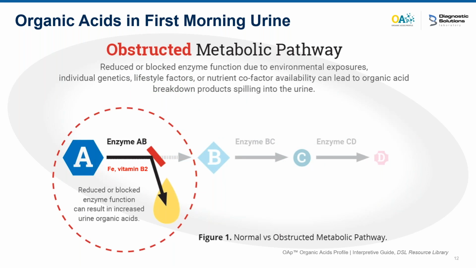It will block that pathway, and now organic acid A will spill into urine. So when we have organic acid A going high in urine, it tells us the patient needs iron and riboflavin. Once the practitioner is able to replete those nutrients for the patient, the enzyme can function properly again, and then A can convert to B to C, and we have happy, happy metabolism once again.